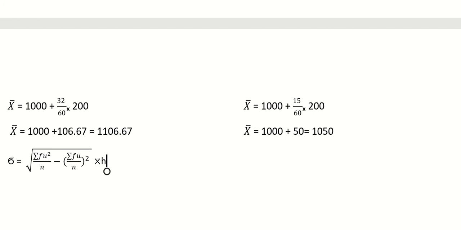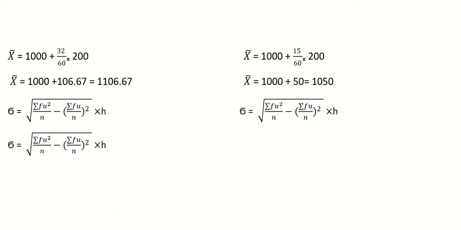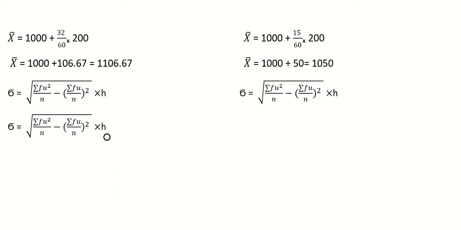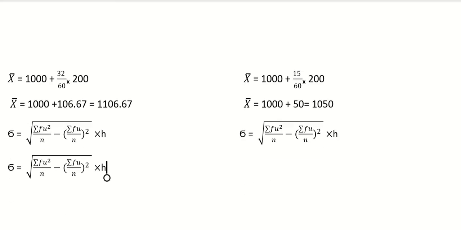Okay, so now we will calculate. First, we need to calculate standard deviation so that we can apply the formula of coefficient of variation. So here we are. Now I will put the values. So FU square for company A is 68.